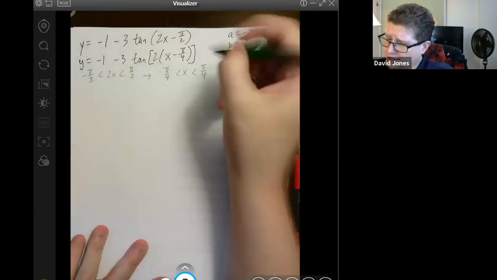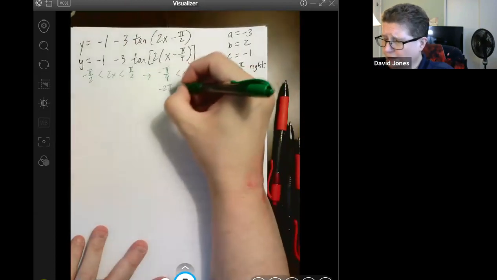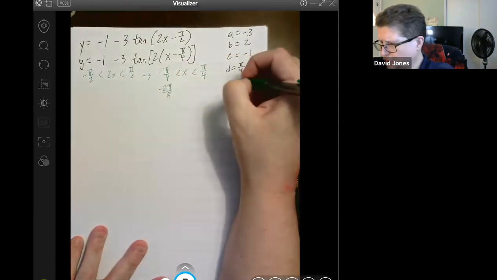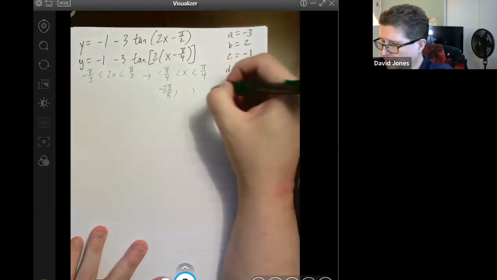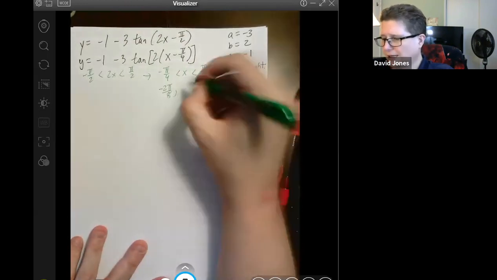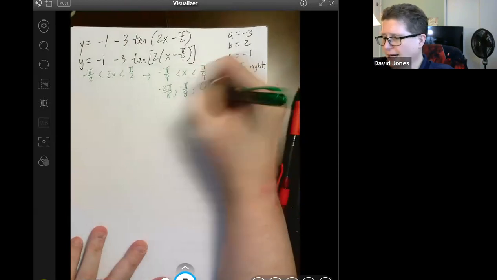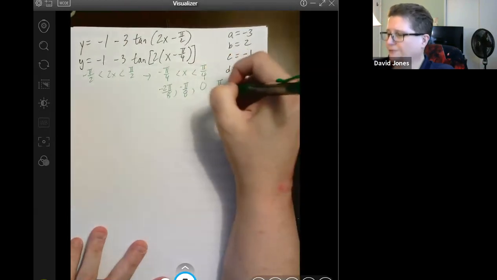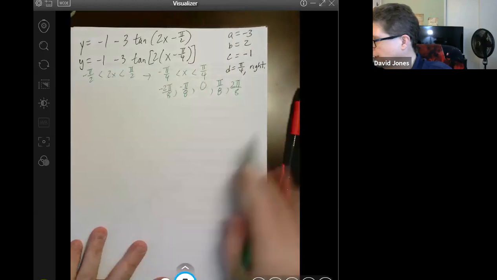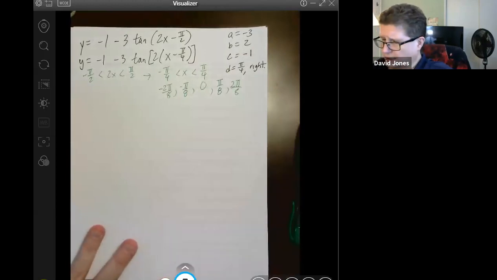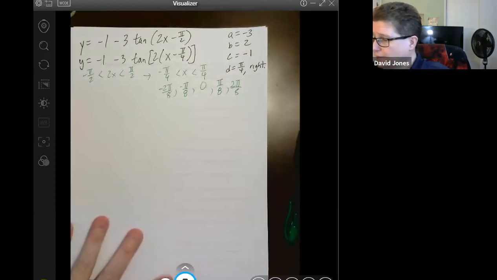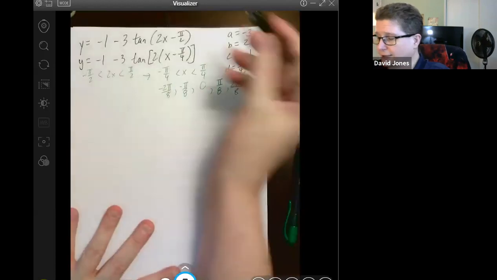And if I double it, negative 2 pi over 8, 2 pi over 8, I get 0 in the middle, and this allows me to do a negative pi over 8 and a 0 and a pi over 8 there. Okay? I will show you another way of doing that after we do this graph. You might like it differently. Some people do.